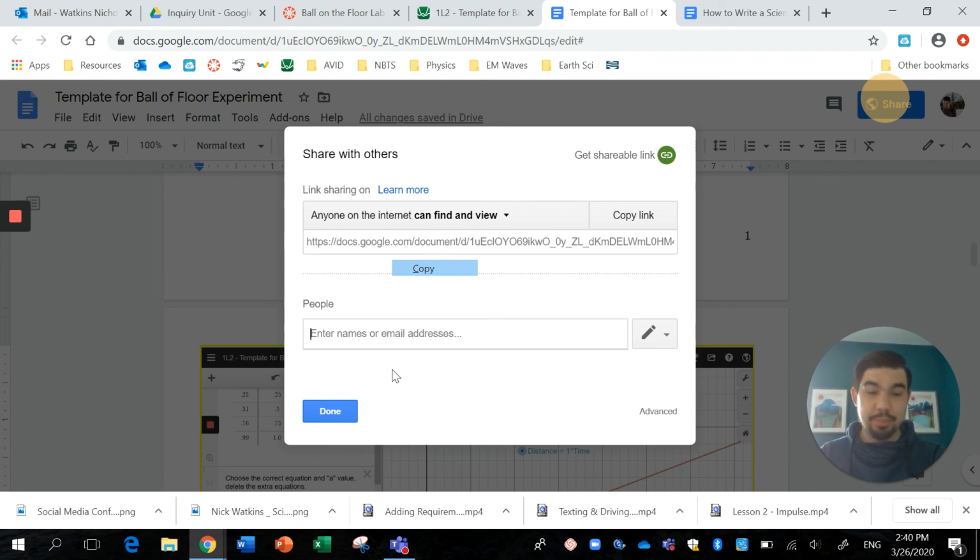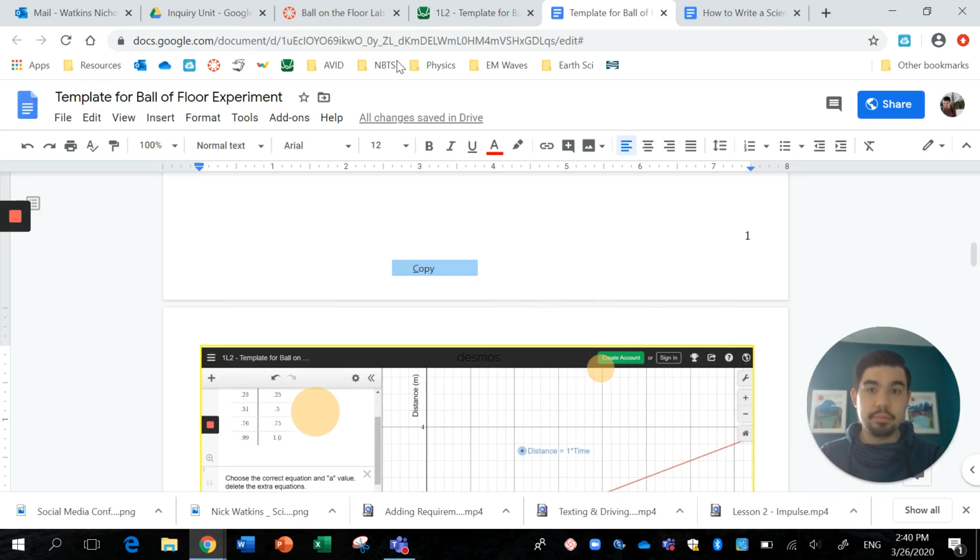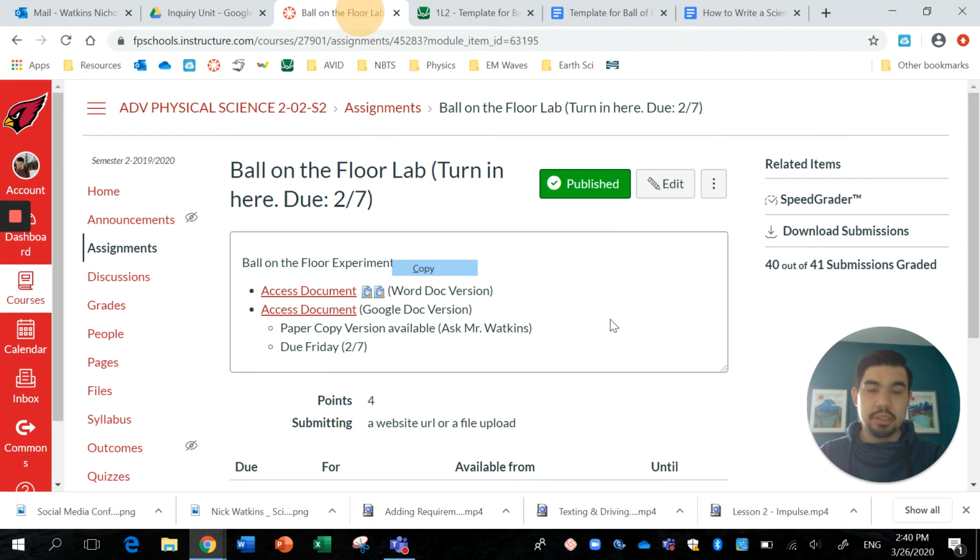You don't have to type in my email or anything. Then click done. That's it. In Canvas, when you go to the specific lab, over here you'll see submit assignment. Click on submit assignment, and then either upload your document or give me the link to your document. Turn it in, and you should be good.